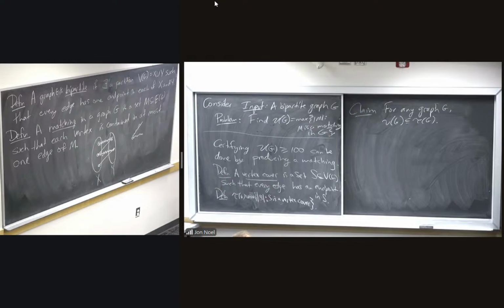I'm throwing a lot of definitions at you all at once, so maybe you're still digesting them. It's like the number of edges, like maximum matching in some sense. Basically we don't want to pick two vertices that correspond to the same edge.